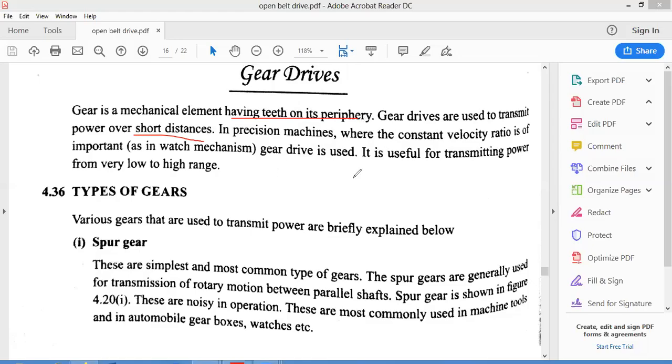Just to say in general, a gear drive will have a circular periphery with teeth placed on it. It's not the exact diagram actually. So I'll just take only one arc of the gear drive.